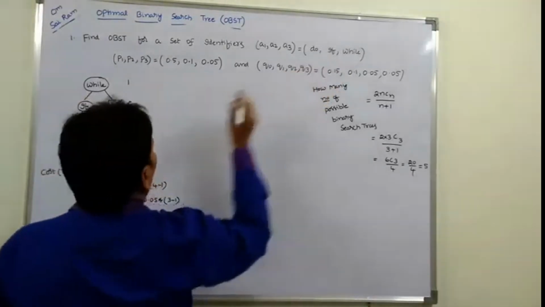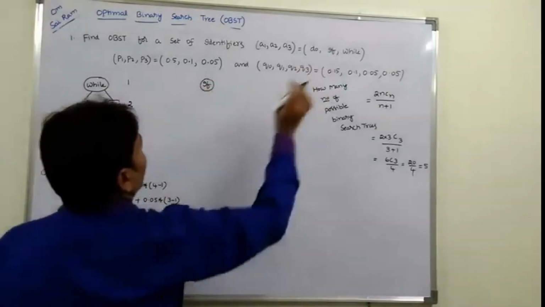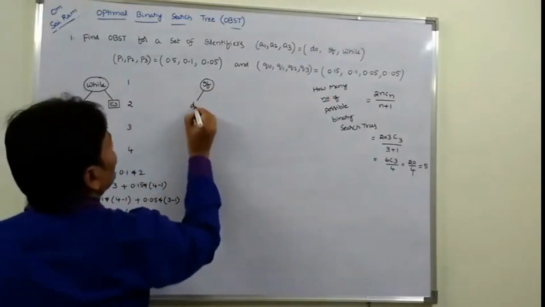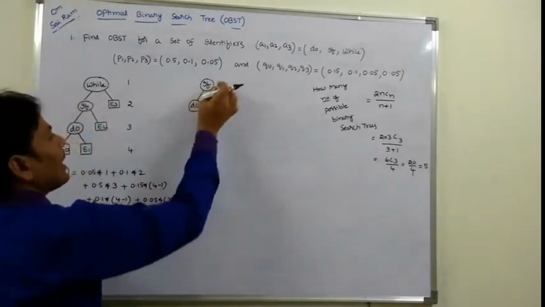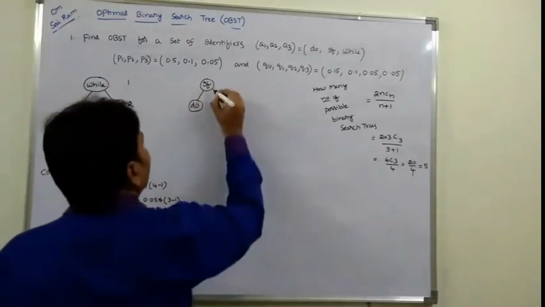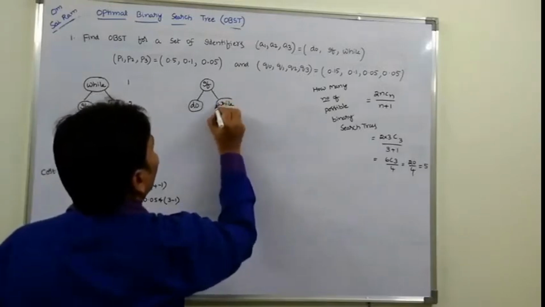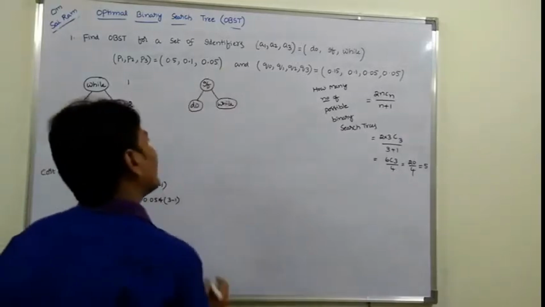Next, we take if as the root node. Do is compared with if, so do is less than if, so do is present on the left-hand side of if. Next, while is greater than if, so the while identifier is on the right-hand side of if.